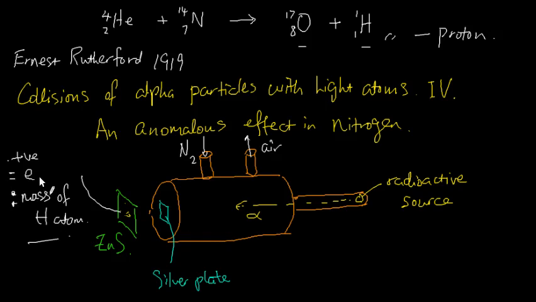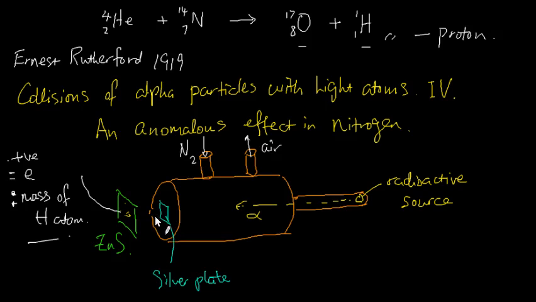But what he found was that the charge to mass ratio is the same as that of the hydrogen. So from there, he deduced that these particles must have the same mass as hydrogen, assuming that the charge is equal and opposite, the same magnitude as that of the electron.